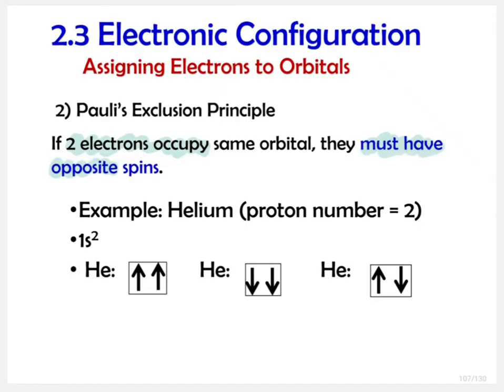Mesti spin yang berbeza. Kalau spin sama, masih set of quantum numbers yang sama. Jadi tidak boleh. Kat sini boleh nampak untuk helium ni, yang ni of course salah sebab spin dia sama, duduk ke atas. Yang ni pun tak boleh juga, duduk ke bawah. Ini baru betul, opposite spin. So that's for Pauli's Exclusion Principle.